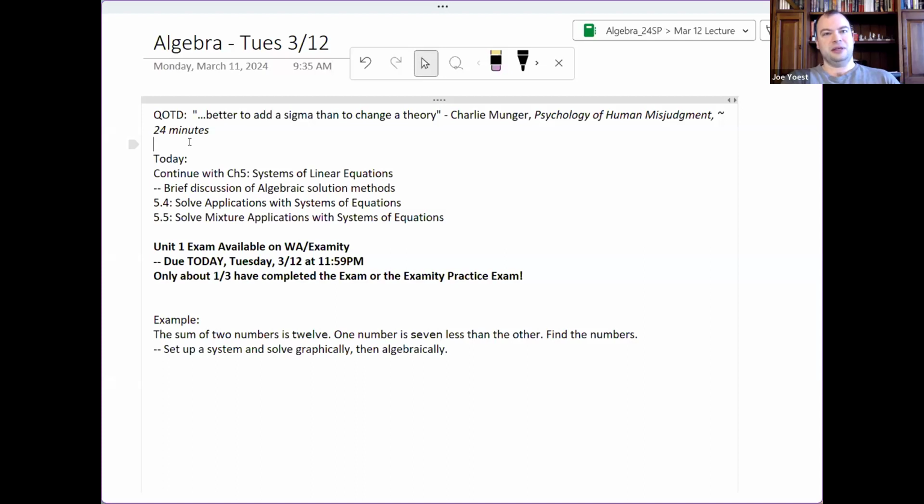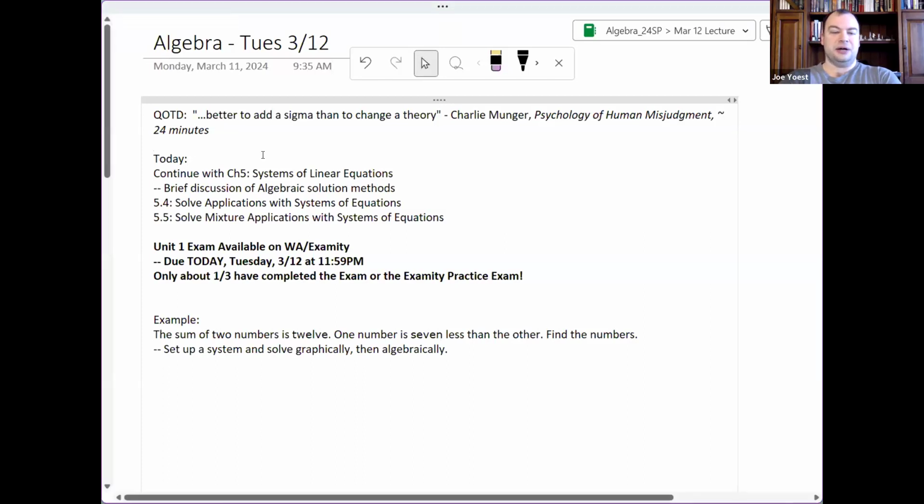But yeah, just kind of a short rundown. The previous Blackboard announcements also address this a bit. The exams on WebAssign are password protected, so that you don't accidentally open the exam outside of the Examity system. They have to be taken while they're proctored.